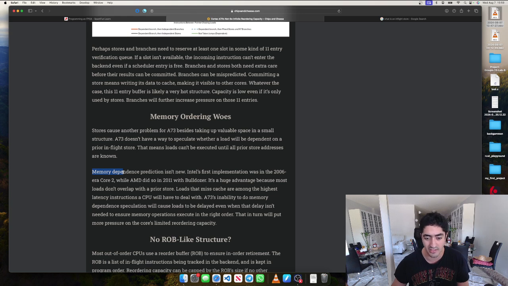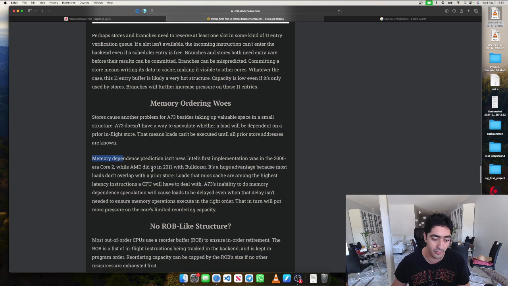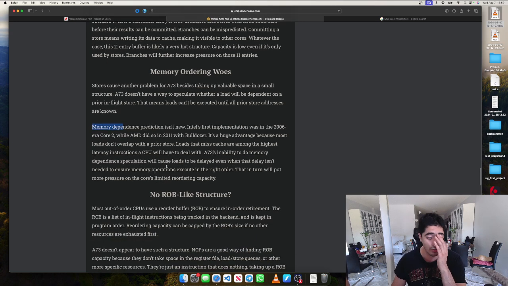Loads that miss cache are among the highest latency instructions a CPU will have to deal with. A73's inability to do memory dependence speculation will cause loads to be delayed even when that delay isn't needed to ensure memory operations execute in the right order. That in turn will put more pressure on the core's limited reordering capacity.